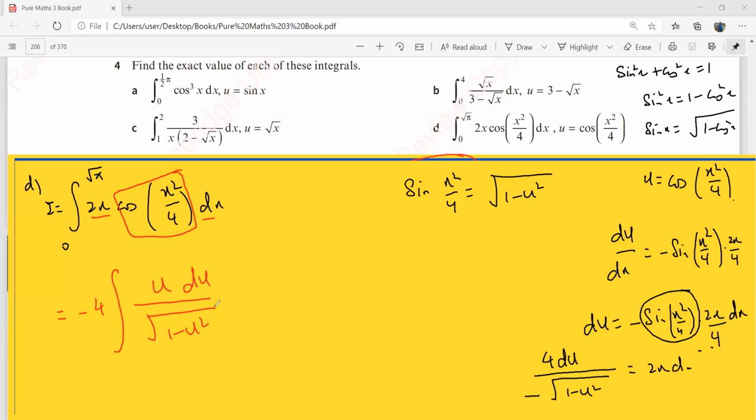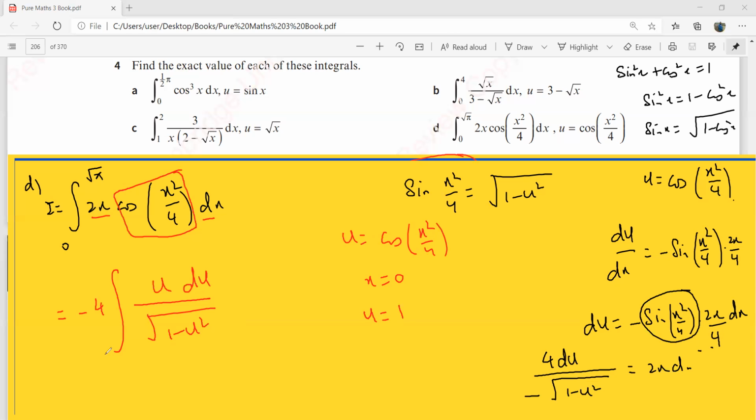Oh, okay. So then we have to change the limits. We have u equal to cos x square over 4. So when x is 0, your u is going to be cos 0, which is 1.